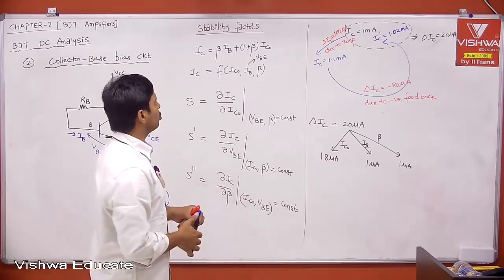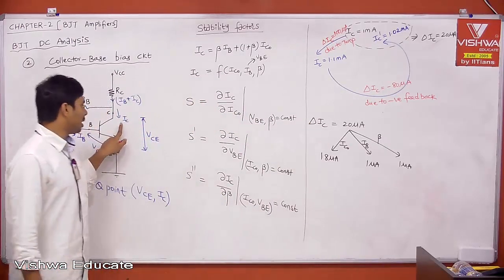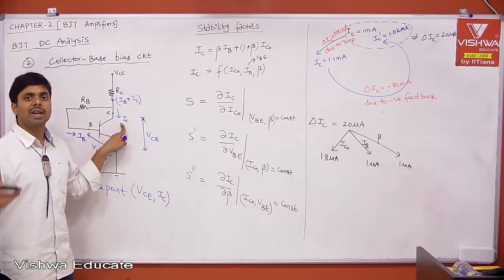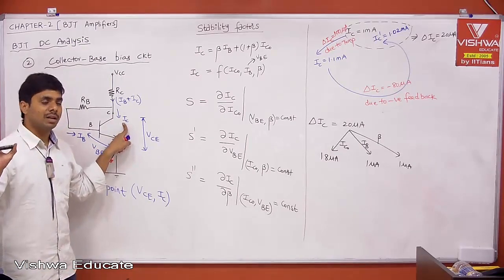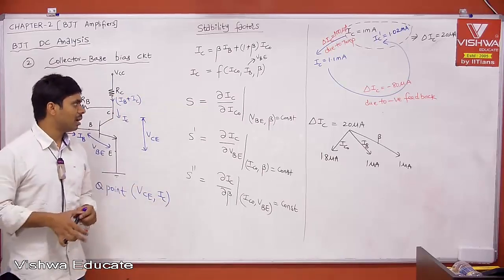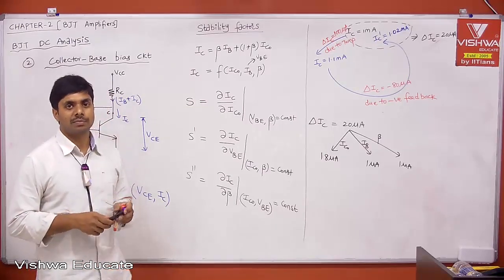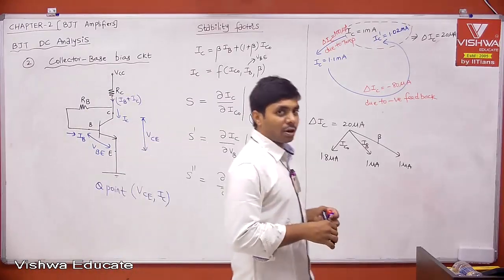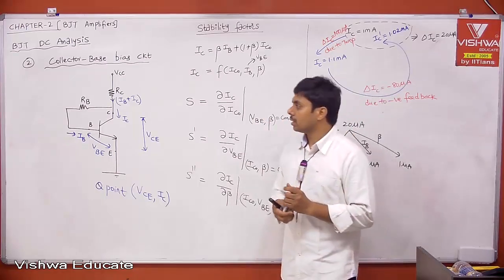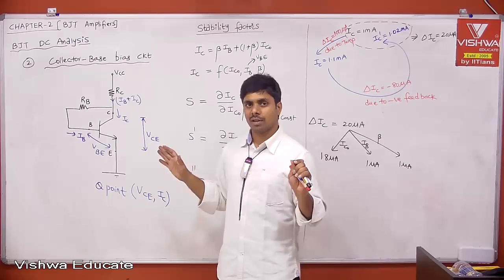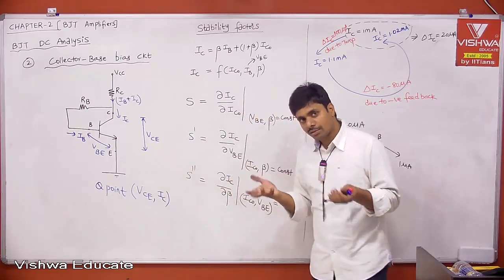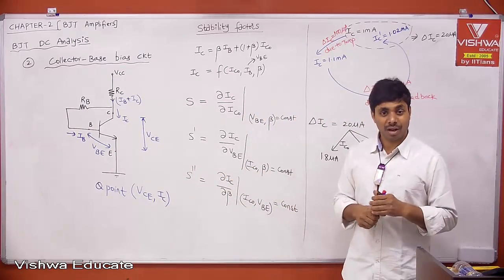Ideally I want IC to be constant irrespective of temperature. If I want IC to be constant irrespective of anything, then can anyone tell what should be the ideal value of S? Qualitatively we can say I want IC to be constant irrespective of anything. Then what should be the S value? 1.